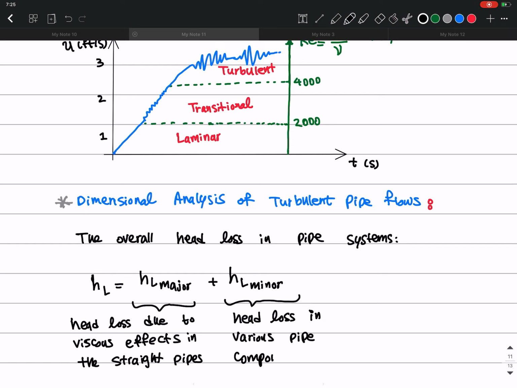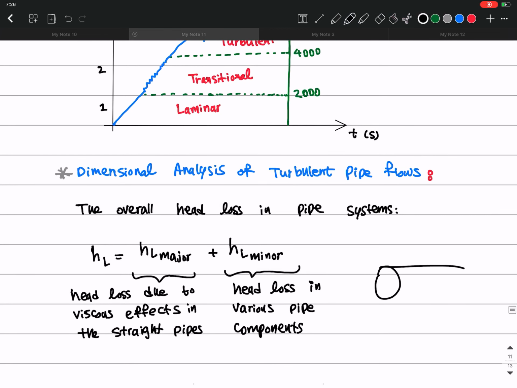This can be joints, turbines, pumps, or elbows. All of these different pipe components can make some minor head losses in this system, okay? And the major head loss is due to the viscous friction in a pipe flow.